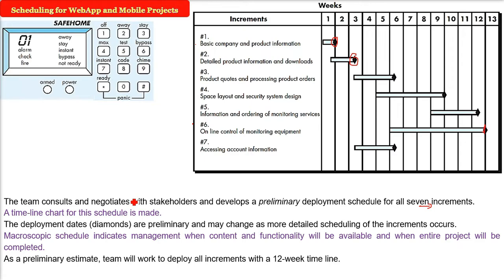So as a preliminary estimate, the team will work to deploy, you see here, on the 12th week timeline. And you also see here the 3rd and 4th and 7th. This is the 3rd one, 4th one and 7th one. These are some increments and these will be developed in parallel, that is at the same time.